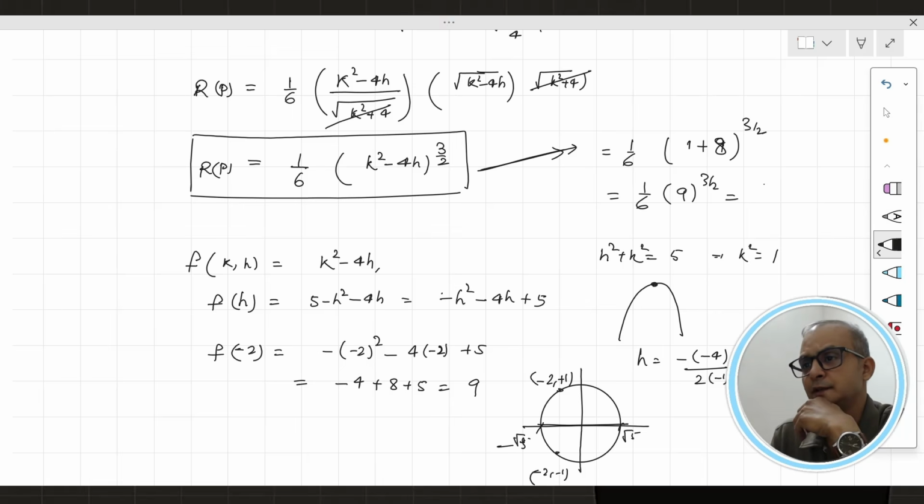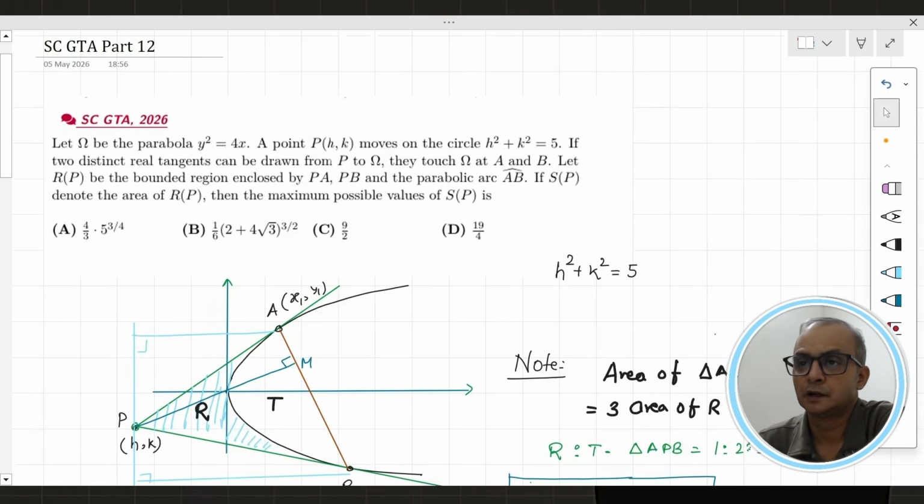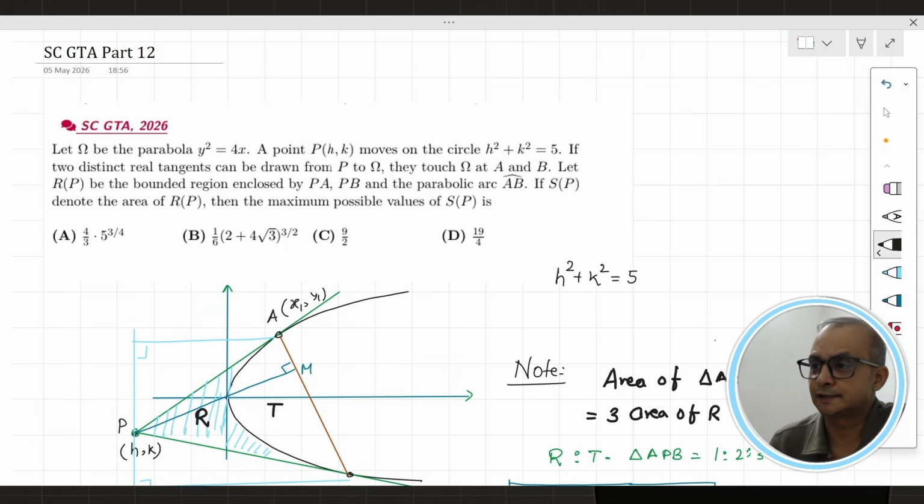This is going to be 3, and 3 to the power 3 is 27. So 27 by 6. So what I'm getting is 9 by 2. Is it there in the options? 9 by 2 is the third option, and that's the answer.